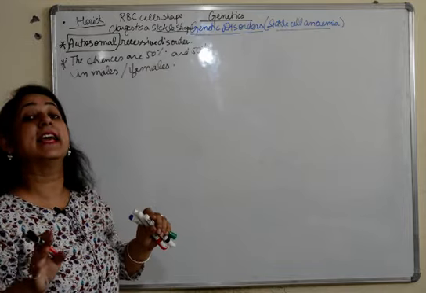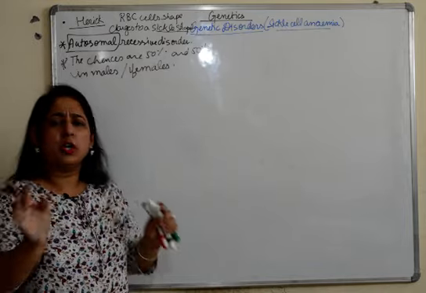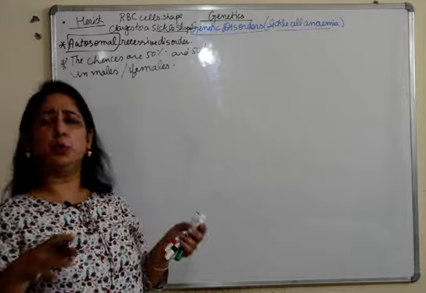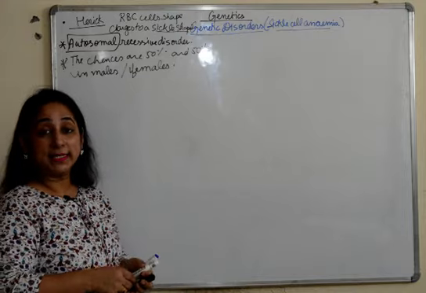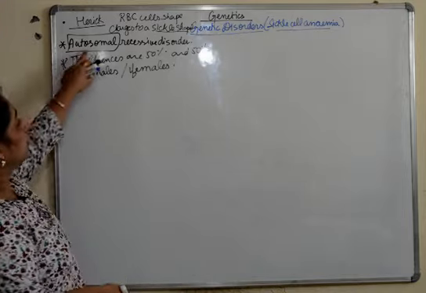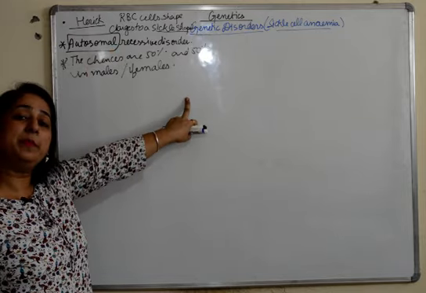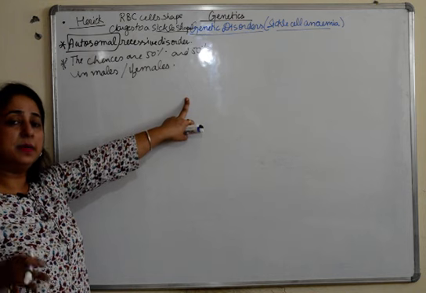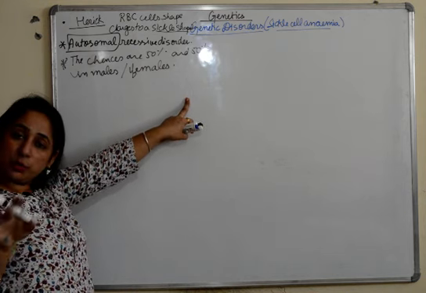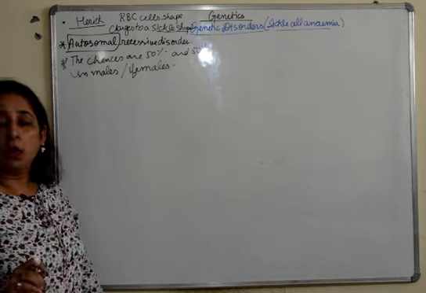Why? Because it is there in autosomal chromosomes, not the sex chromosome, and autosomes are present in both males and females. So we know now that it is an autosomal recessive disorder. We know that its chances of occurring in males and females is 50-50% because it's there not on the sex chromosome, but on the autosome.